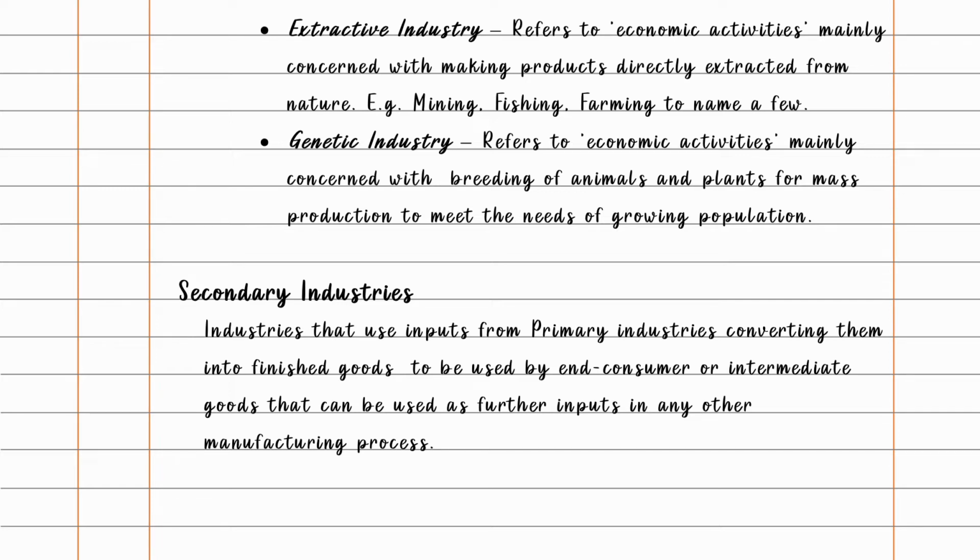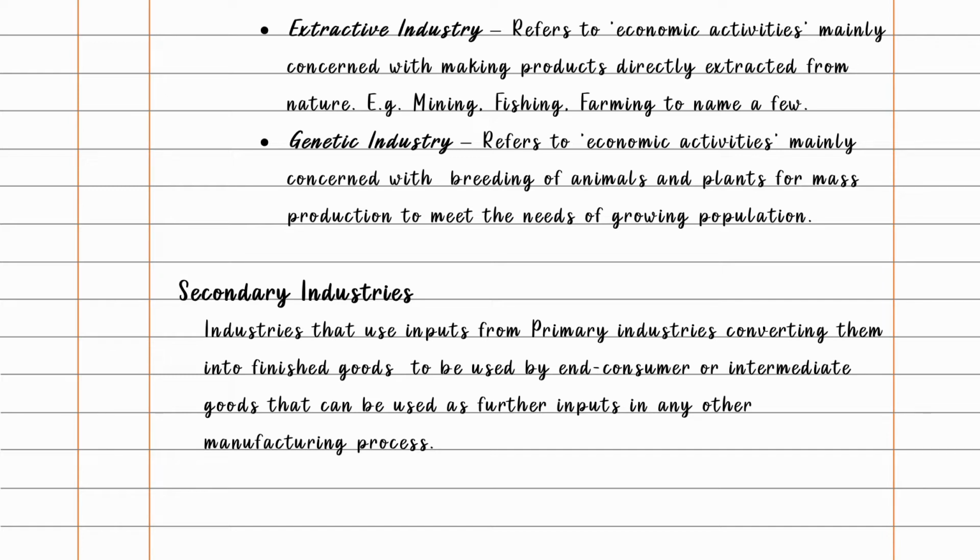But for your benefit, we've also put that in the form of a note, so that when you refer to this at a later stage, you would be able to clearly memorize the answer. So industries that use inputs from primary industries and convert them into finished goods to be used by end consumers, or intermediate goods that can be used as further inputs in any other manufacturing process.